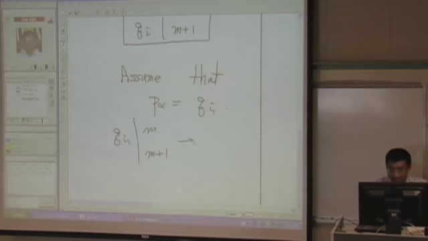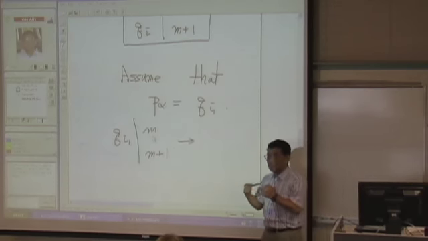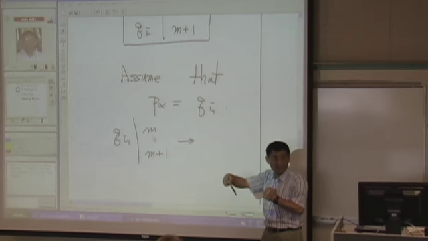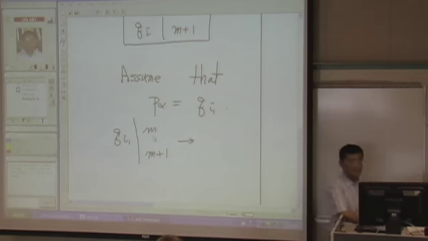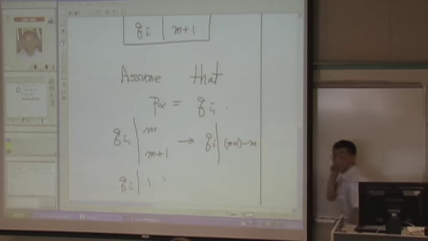Then what can you say? If some number divides A and B, then it divides A plus B, A minus B, any possible combination, right? Because Q sub i divides both numbers, then we can say Q sub i divides this number minus this number, or Q sub i divides 1.